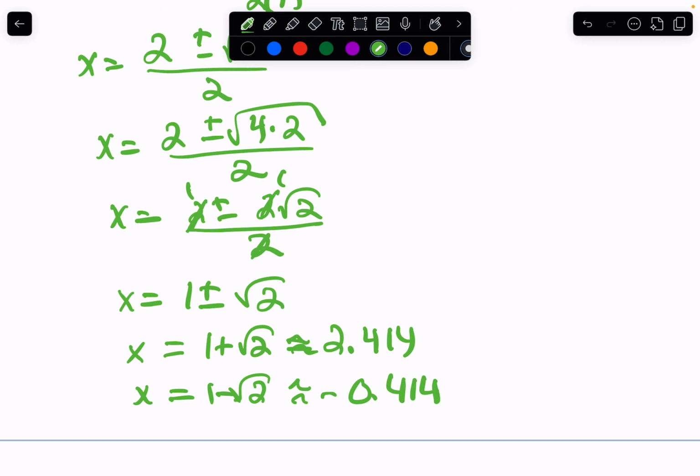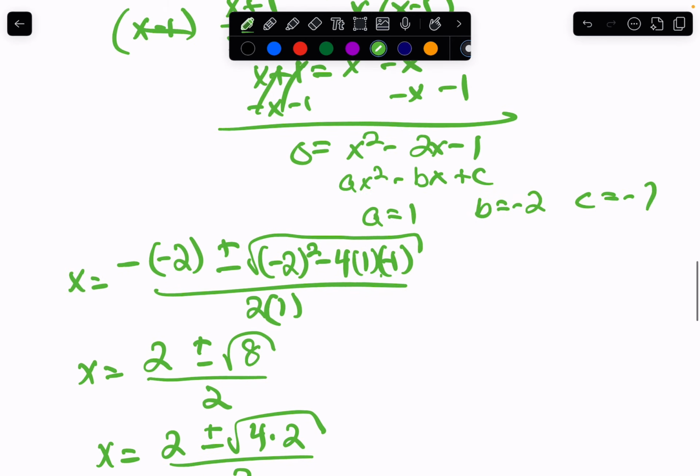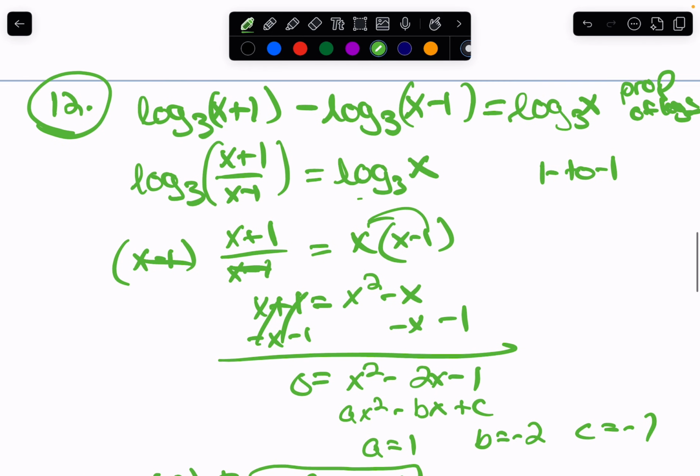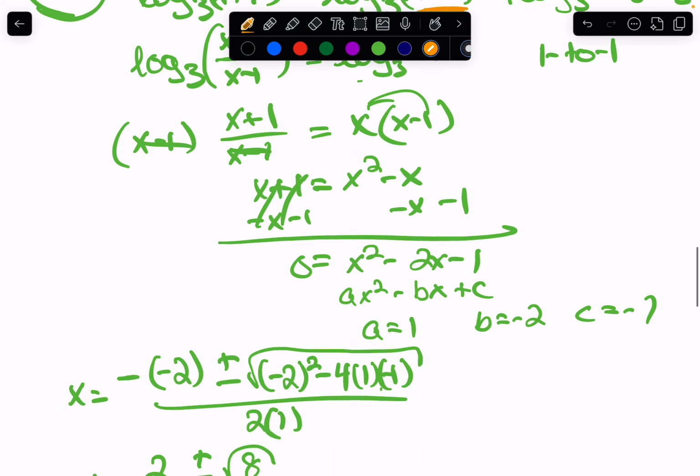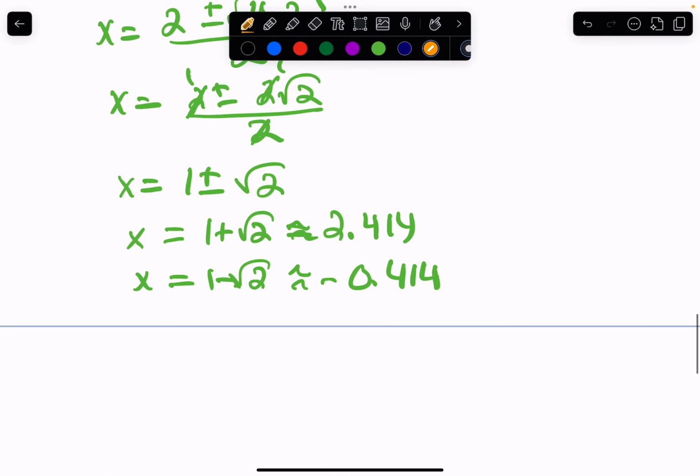Now, looking at our original, this one right here, if we plug in that negative 0.414, that's going to be a negative. So this cannot be, or that's an extraneous solution. So 2.414 is going to be the answer.